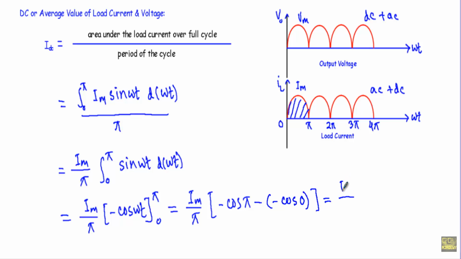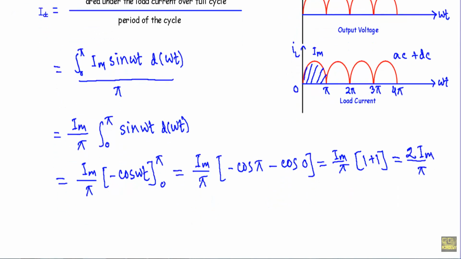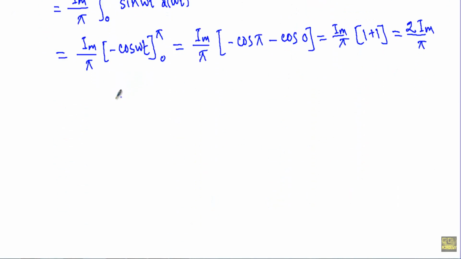So I will get Im divided by π into 1 plus 1, from which I can calculate that IDC will be equal to 2Im by π. This will be our DC current, or the DC component of load current.